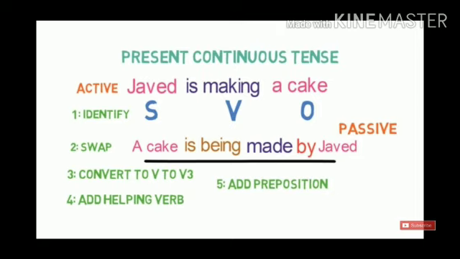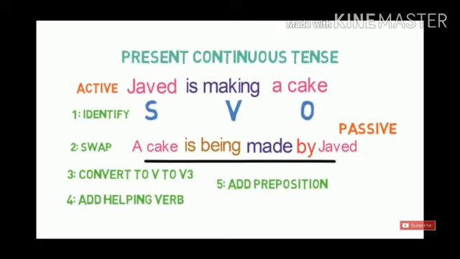Javed, the performer. So Javed is the subject. What is the action performed here? Making. So making is the verb, and what is the object? The object is cake. Then the second step, to swap the position of subject Javed and the object cake.